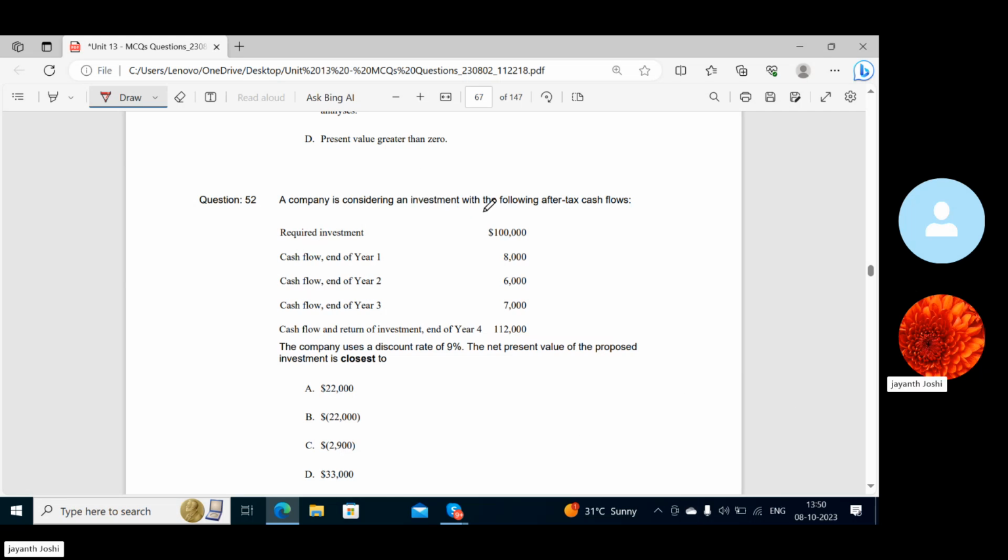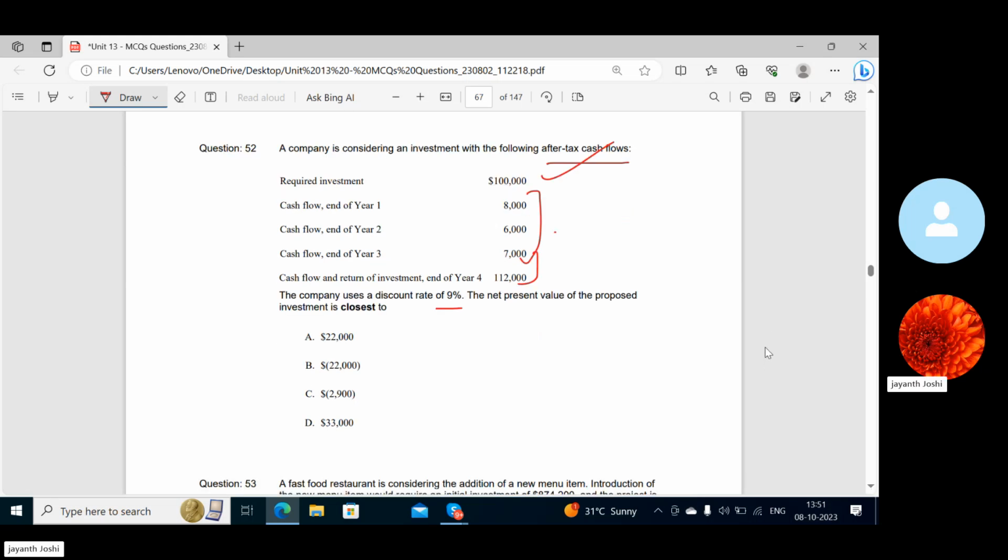A company is considering an investment with the following after-tax cash flows. Required investment is given, cash flows are given. The company uses this. Can you find out the NPV? I think this is a very simple question. Yes, sir. You can do this. I'll just write down the things simultaneously. You can do it on your own.